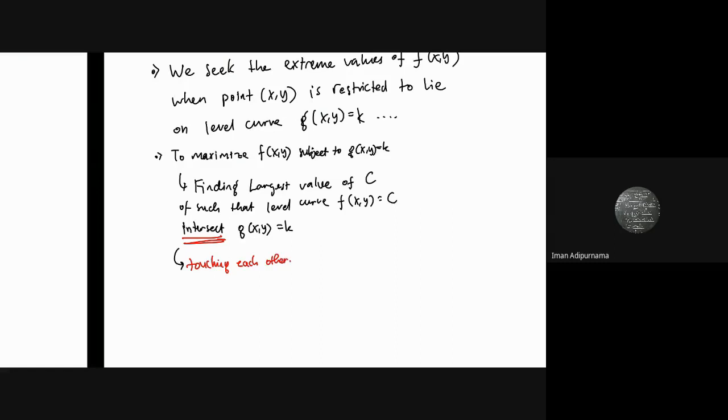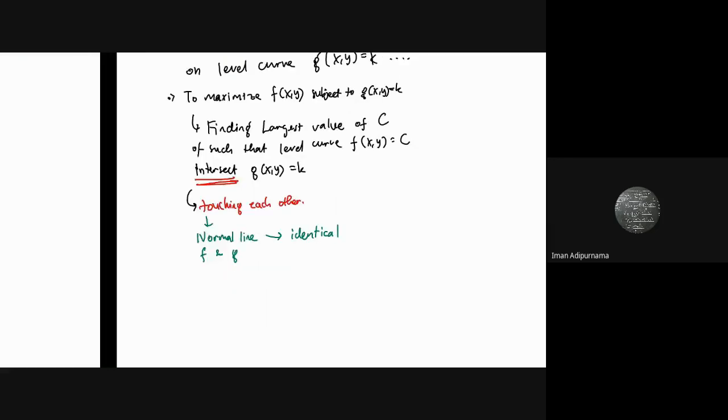What does it mean? It means that the normal lines for both f and g will be identical, right? As a consequence, the gradient vector of f and the gradient vector of g will be parallel.